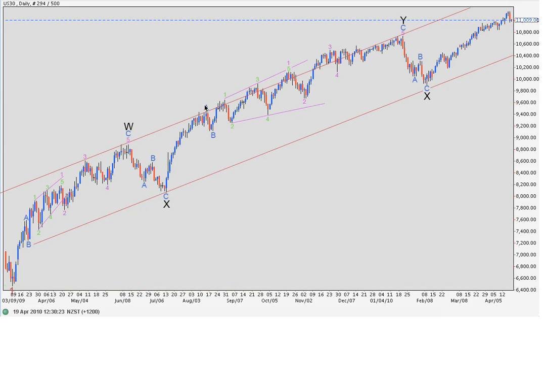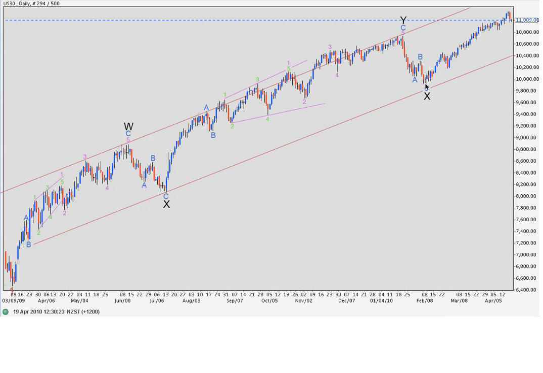Between waves A and C blue within this wave Y black, I can find again no reasonable Fibonacci relationship between those. Within wave C blue, however, between waves 1 and 5, I can see a nice Fibonacci relationship. Wave 5 is 10 points short of 0.618 the length of wave 1. That's the first reasonable Fibonacci relationship I find here.